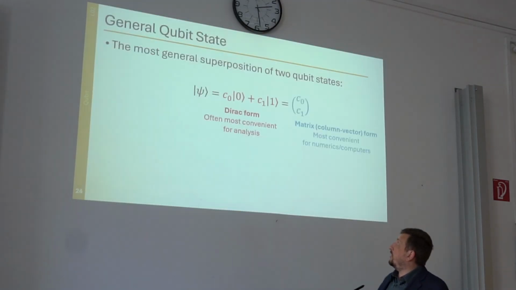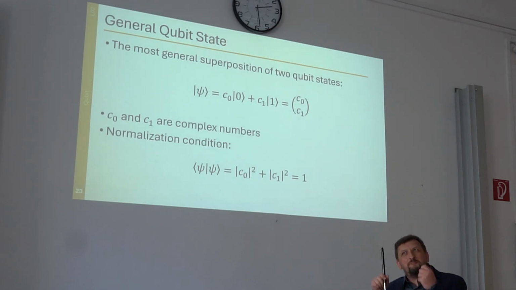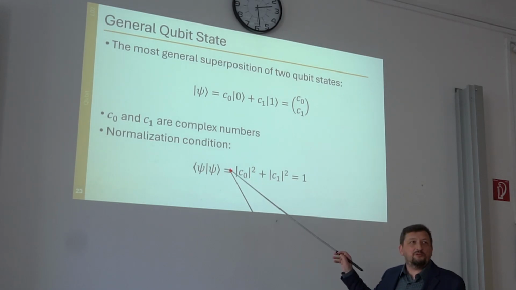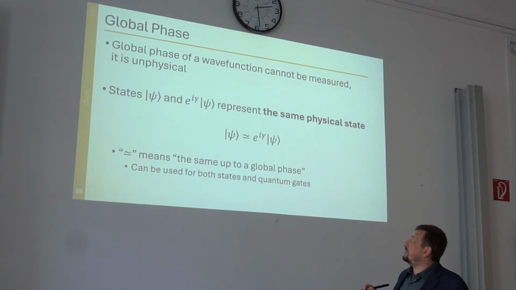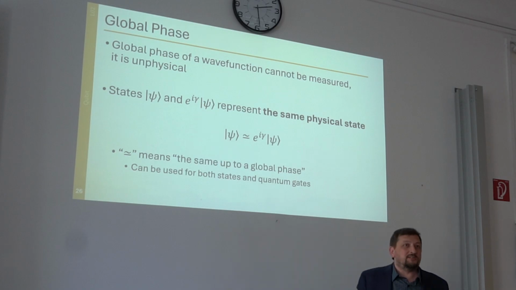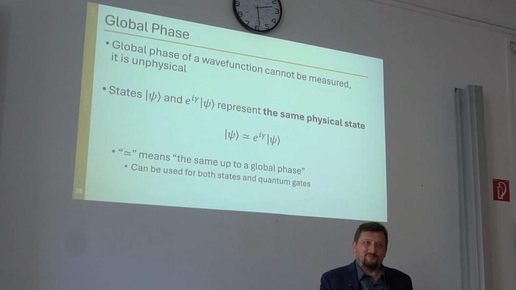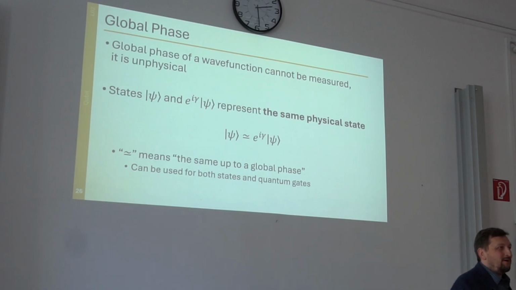And because of that, we have to introduce a normalization condition. If we used proper mathematics, this condition would be satisfied automatically, and we would not have two different states that represent the same physical state. But we don't have any other apparatus except complex numbers.